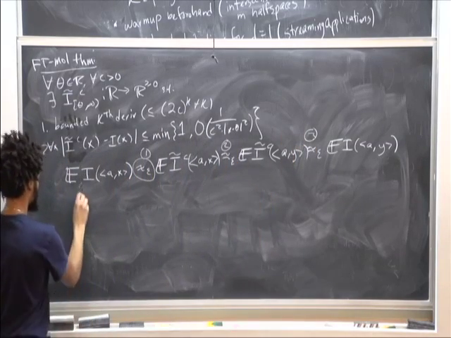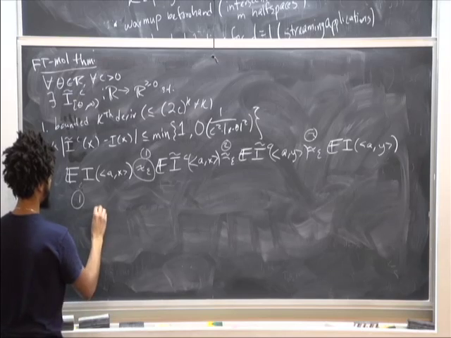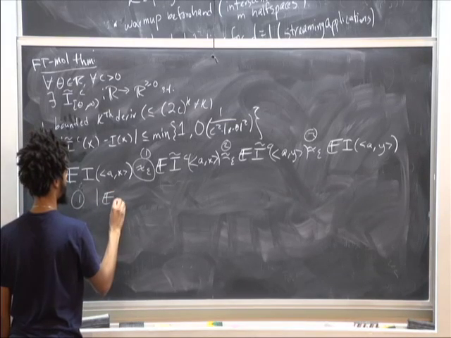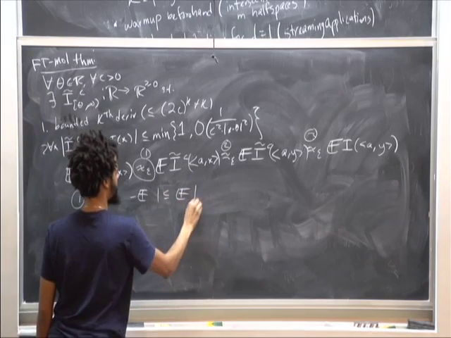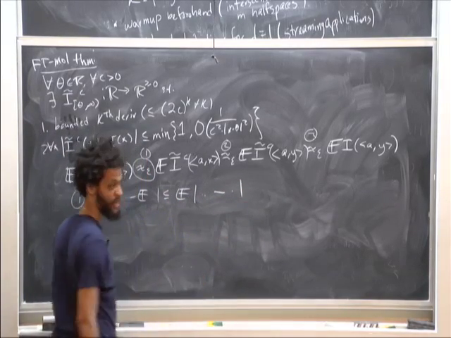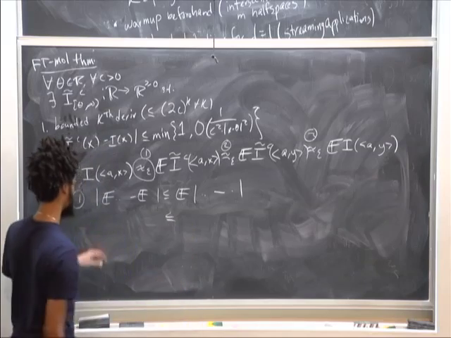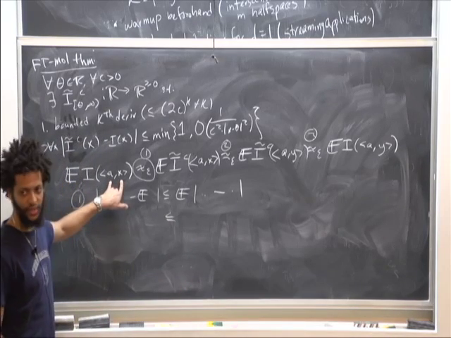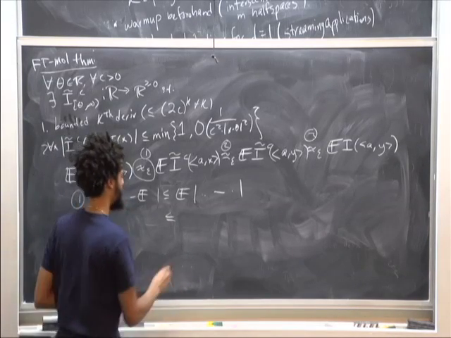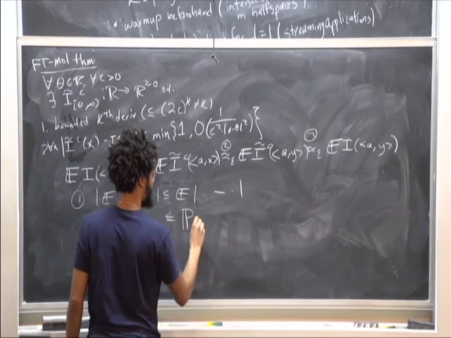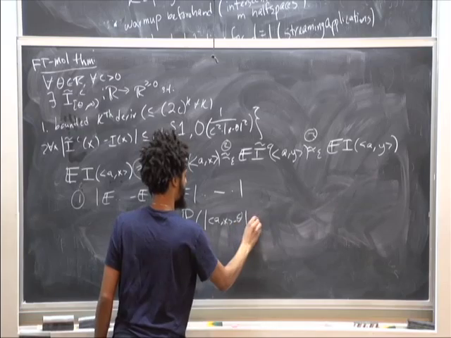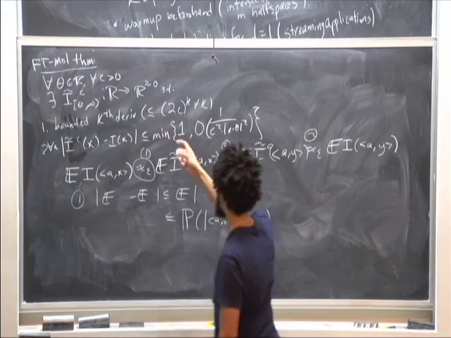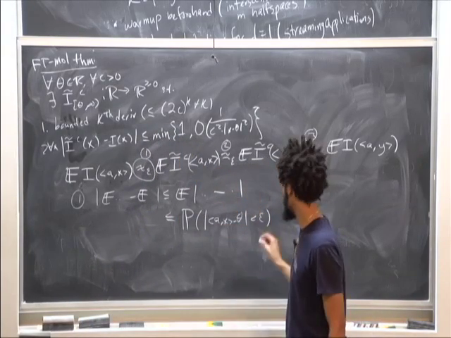In inequality 1, I just said that the difference in the expectations is at most the expectation of the difference. And then I said, well, let's just look at how far this is from the boundary. So it might be epsilon from the boundary, the probability that a dot x minus theta is less than epsilon, in which case I know that I'm never off by more than 1.